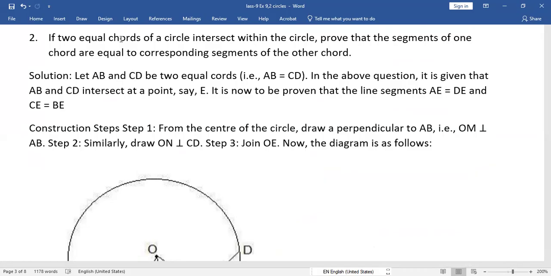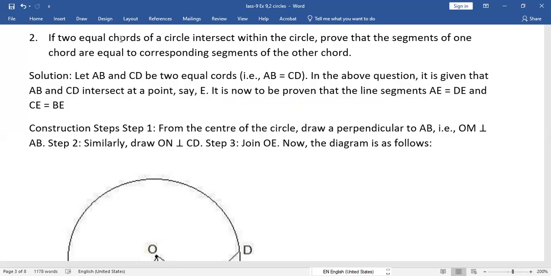Second figure is not given, third figure is given.